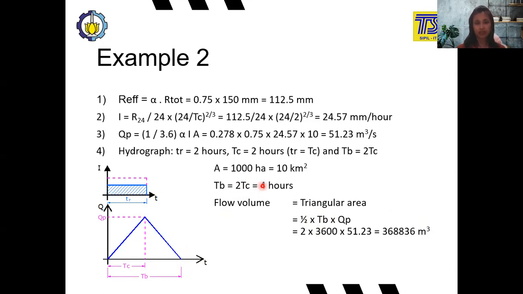And then here we have flow volume of 368,836. Yeah, so the same rainfall can produce different flow volume, depends on the time of concentration, and also depends on the watershed properties.